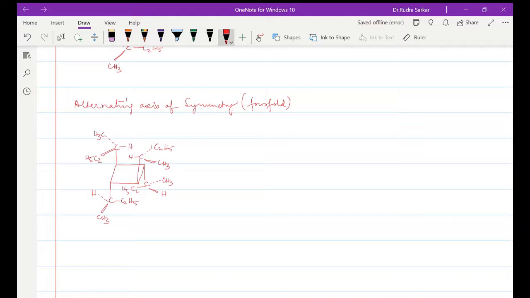Now if we were to rotate this molecule by 90 degrees, what we will get is going to look like the following.